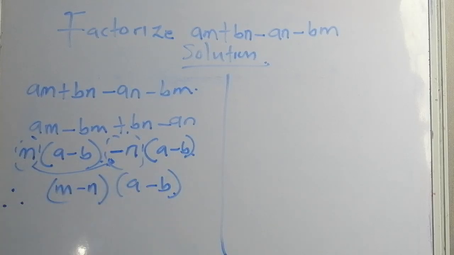You pick one that is factorized, so I've been able to factorize this easily. It's very, very simple. Just sit down, look at it very well and listen to it. All I need to do is go to the options and pick the one that has m minus n and a minus b.